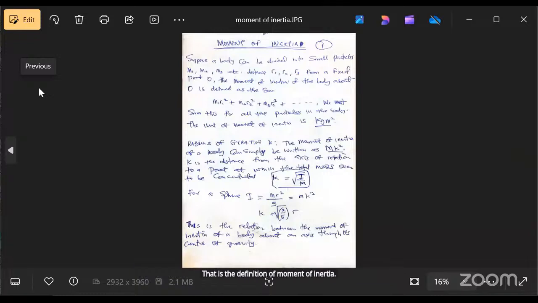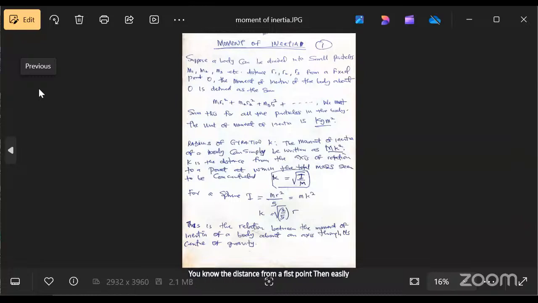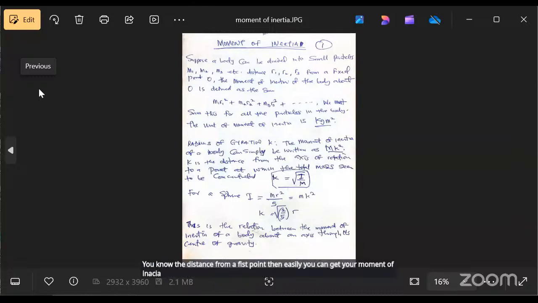So if you have a system and you know the distance from a fixed point, then easily you can get your moment of inertia by multiplying the mass with the square of the distance and summing all of them together.